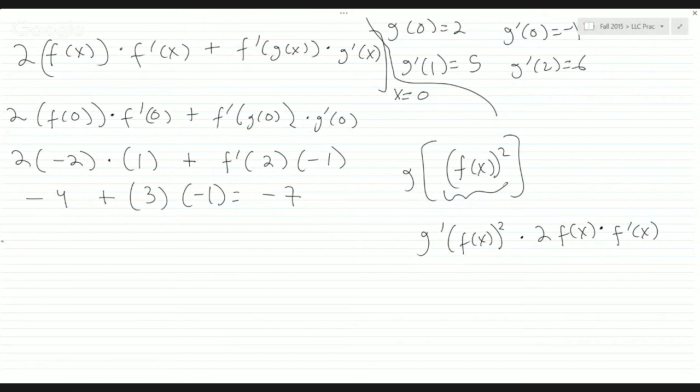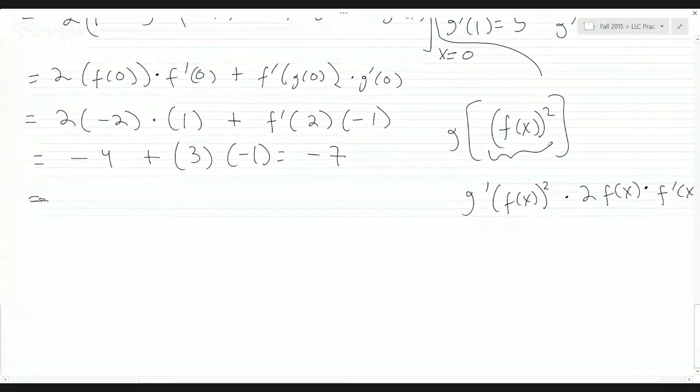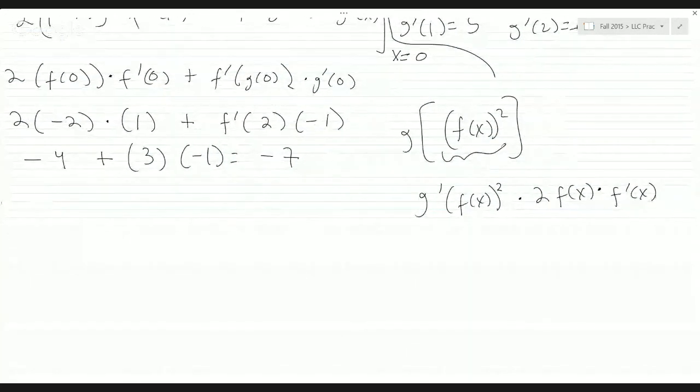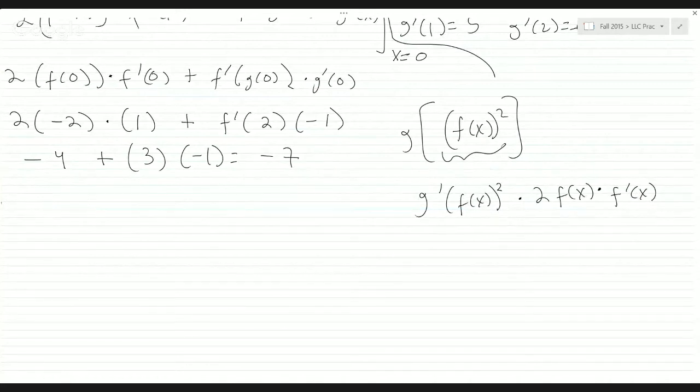So that's the exam, but I can go over the proofs now, like the quotient rule, with you guys right now. Any questions on this? You guys understand how to mess around with that.